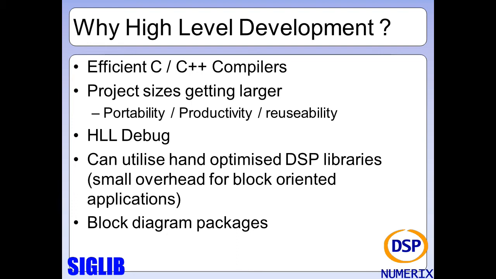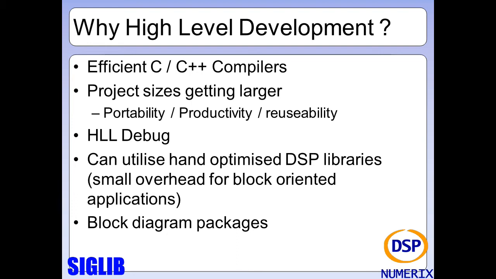Over the last 5 or 6 years, C compilers have developed enormously in the field of DSP, and now most of the C compilers that are available from the DSP manufacturers and even the microprocessor manufacturers are now able to compile DSP algorithms as efficiently as anyone can code them in assembly code. So if it's much easier to port algorithms from one processor to another by using C or C++ code, we should really try and use that portability to save time and project costs.